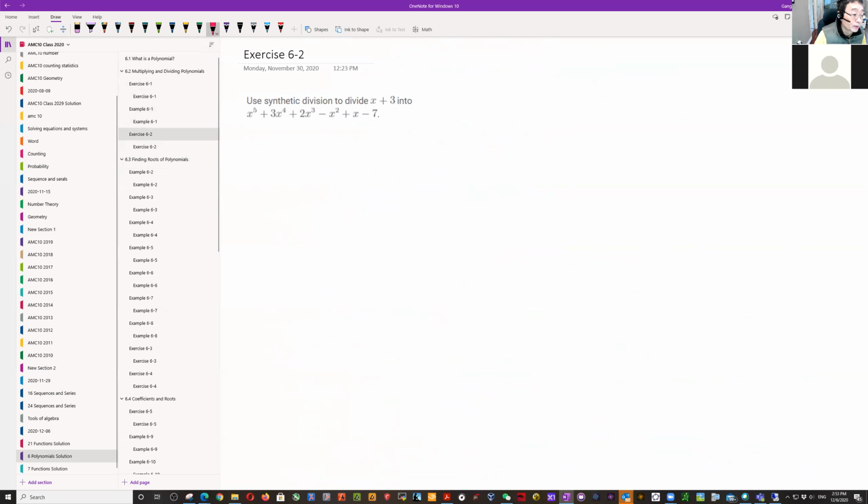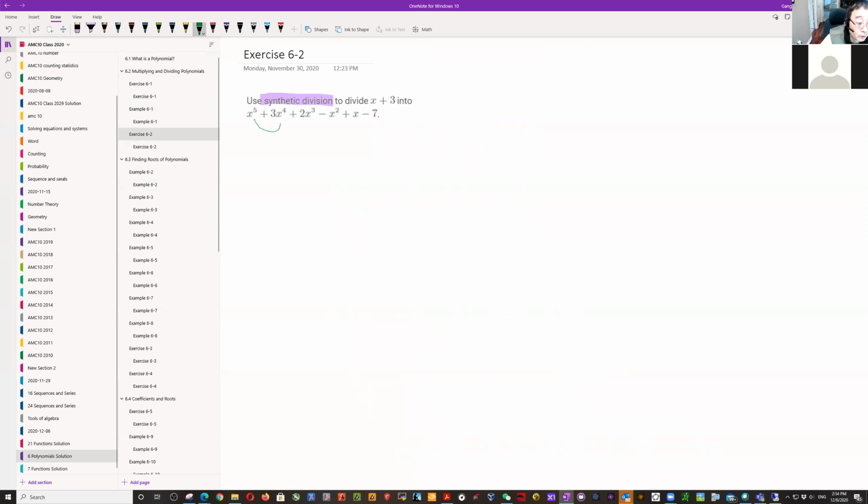And with higher power polynomials, synthetic division is a required skill, and you just have to practice it. So try to do a lot of practice. So let me try to do this one. First, we have to make sure we are not skipping any orders or any terms. If we skip one term, we just have to backfill a 0 term.